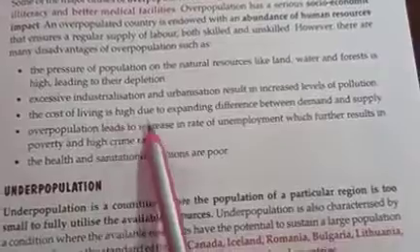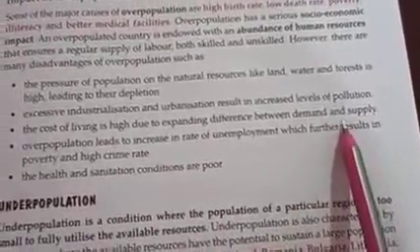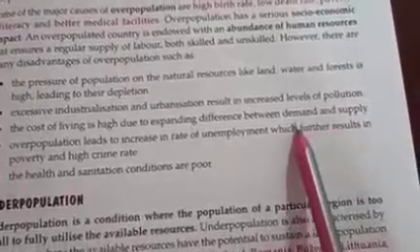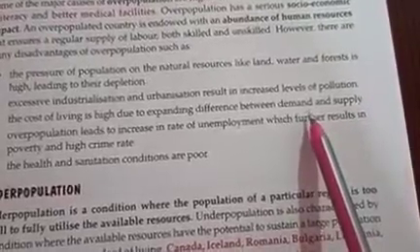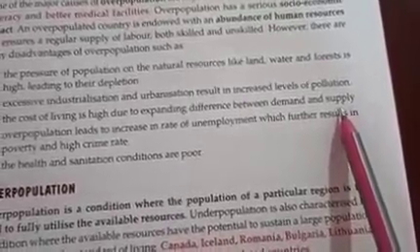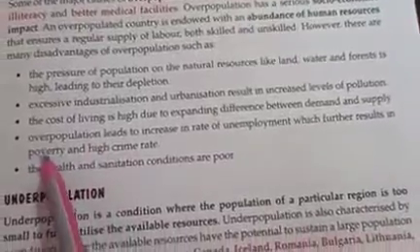The cost of living is high due to the expanding difference between demand and supply. Always, children, in an overpopulated region, the demand is higher than the supply. And there is a theory that when demand is high and supply is less, this always leads to a hike in price.